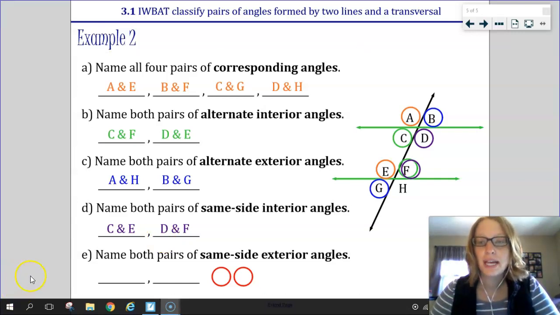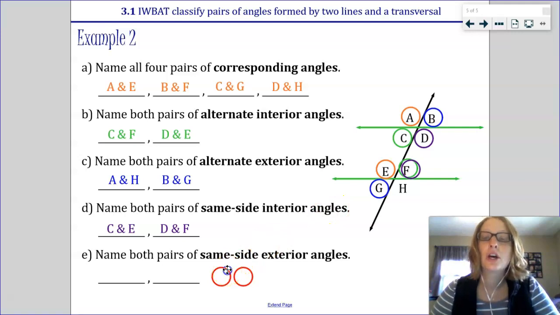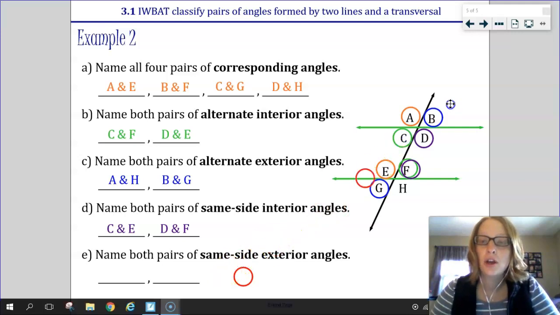Finally, a pair of same side exterior angles that are on the same side of the transversal outside of the 2 given lines could be either A and G, or the second pair would be B and then H. So we've got B on the top right corner and then H in the lower right corner.